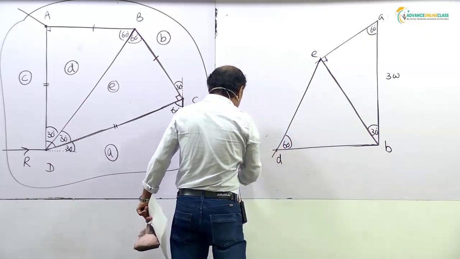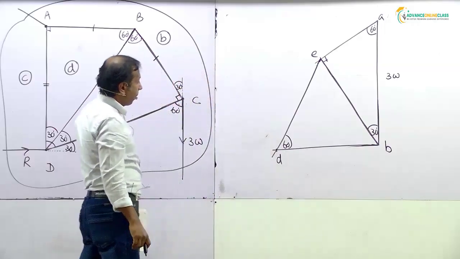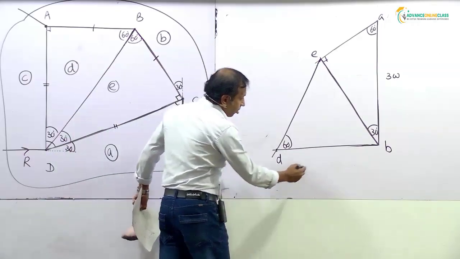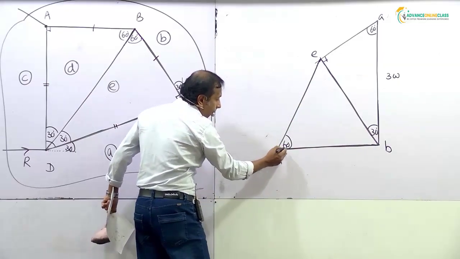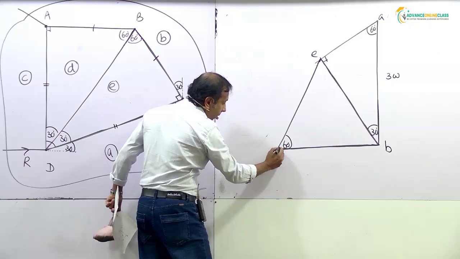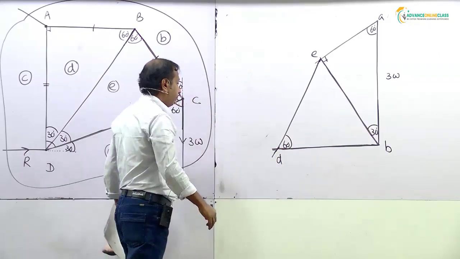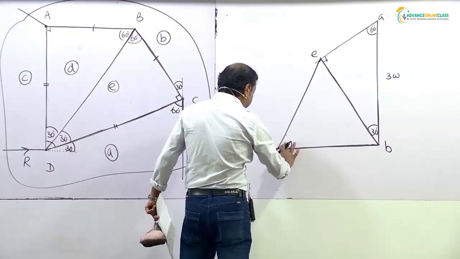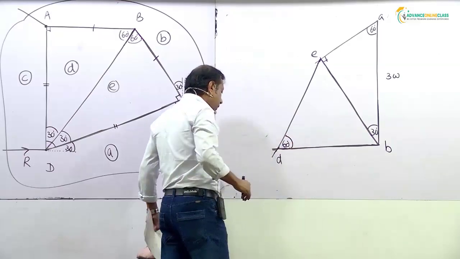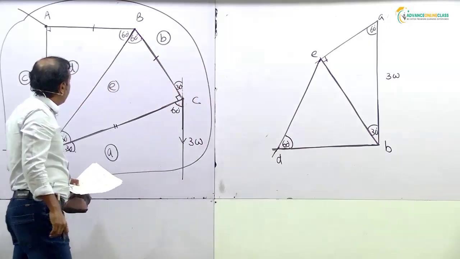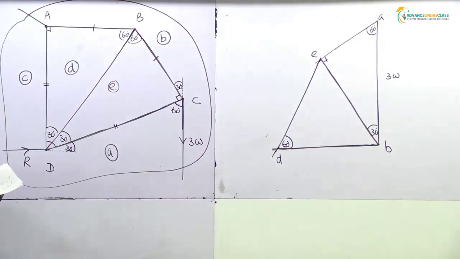This point should be B. Right. Okay. Then that joint also okay.